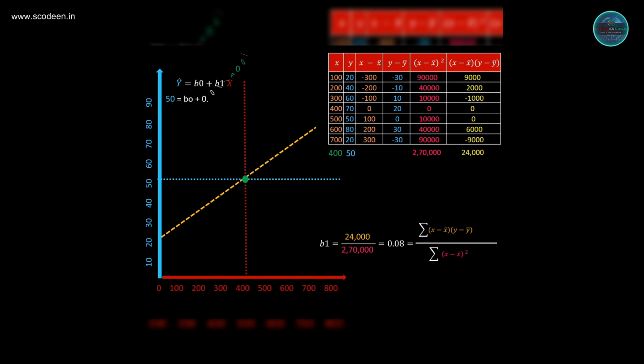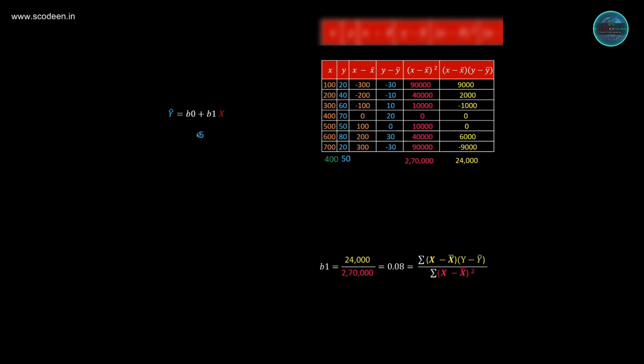Let's place the b1 value in the regression function. So y cap, that is the mean value 50, is equal to b0 plus 0.08 into 400, that is the x value. So 50 is equal to b0 plus 32. Next, b0 is equal to 50 minus 32.